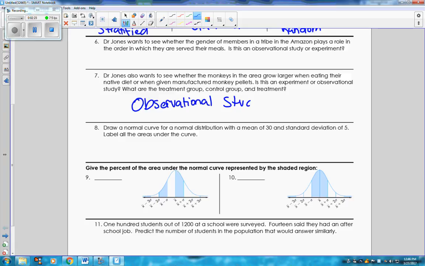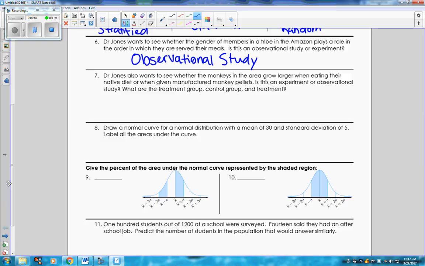So nothing is being changed. Oh, I'm sorry guys, I wrote it in the wrong question. So 6 is an observational study.